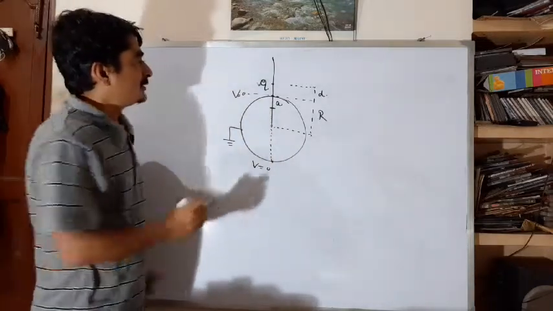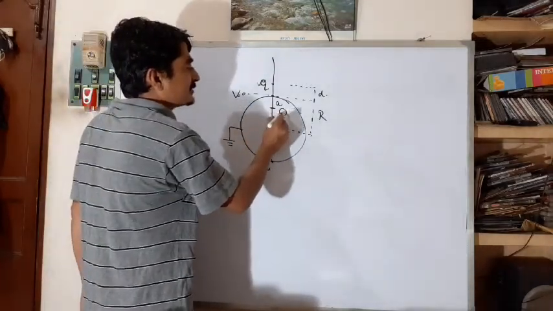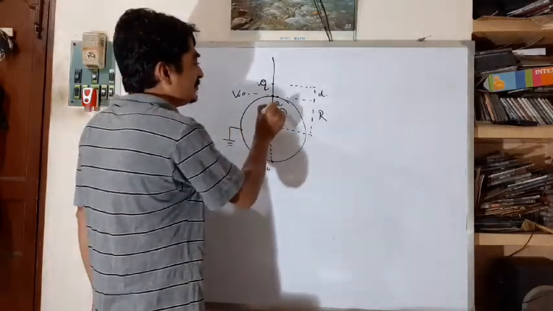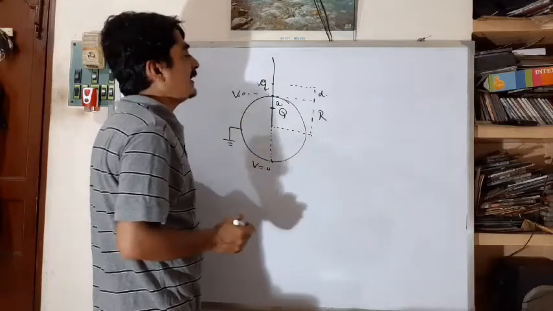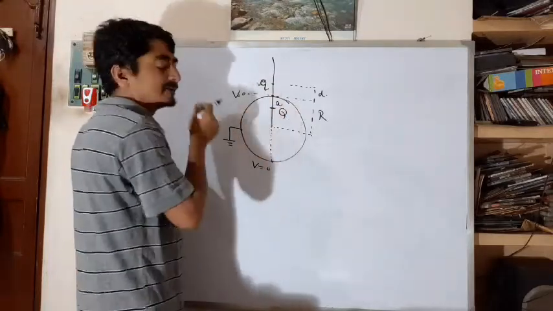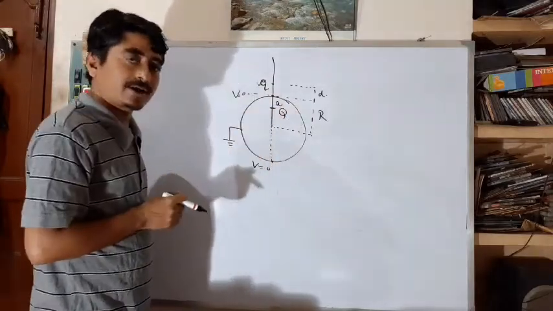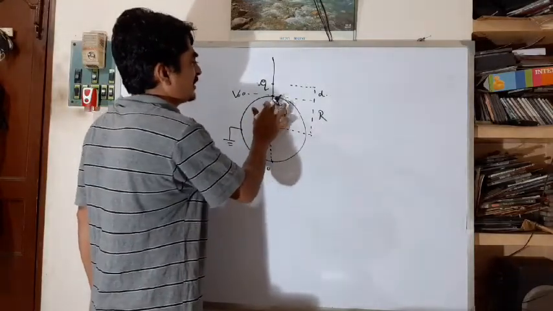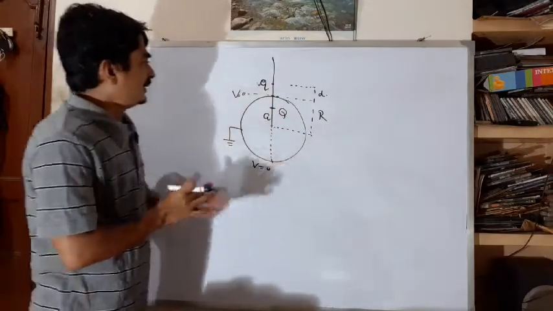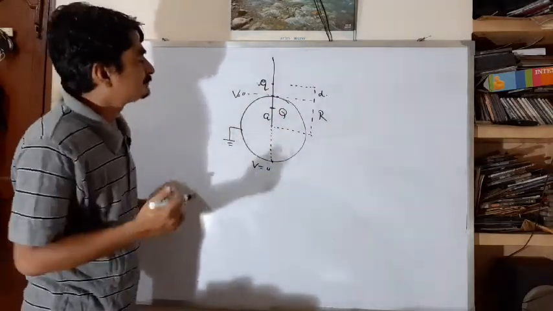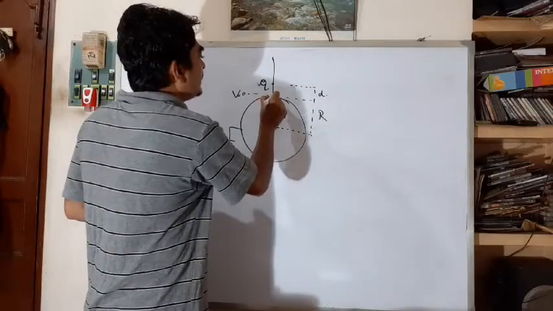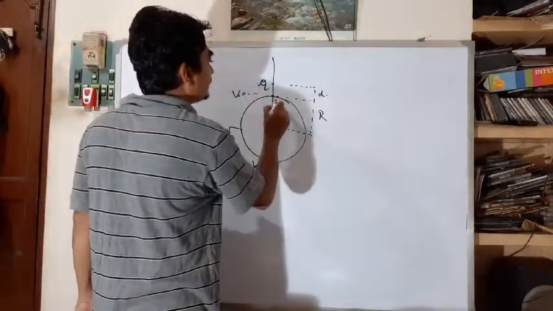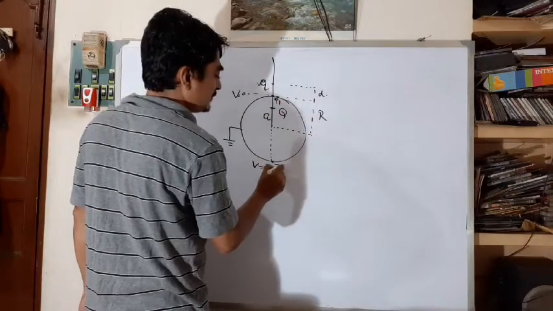Now suppose we have the charge here as Q, at distance A. We have to determine the value of A and the value of Q. The potential here due to this at point P1, here it is point P2.